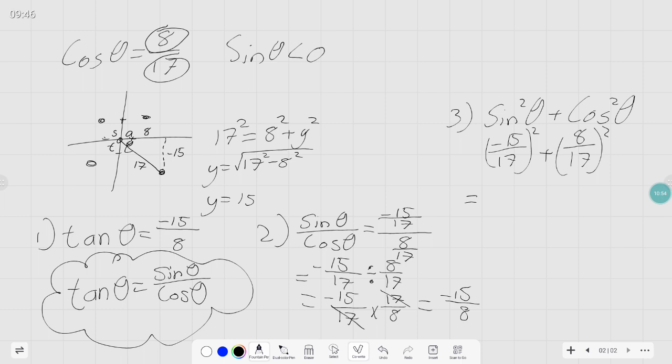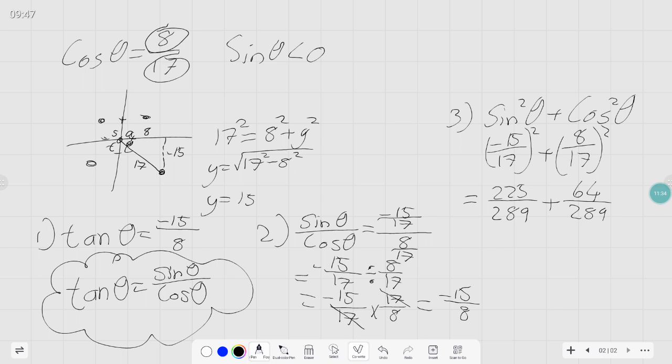So 225 over what's 17 squared? 289. That makes more sense, 289. Okay, so 8 squared is 64, right? Over 289.